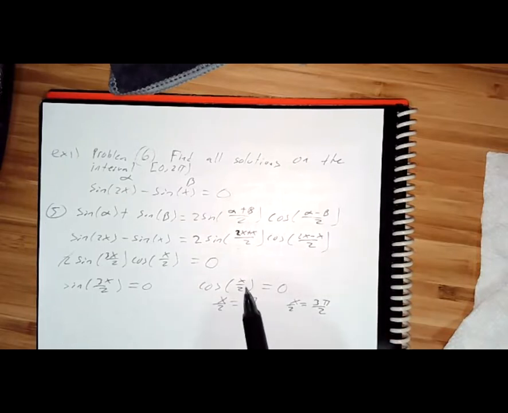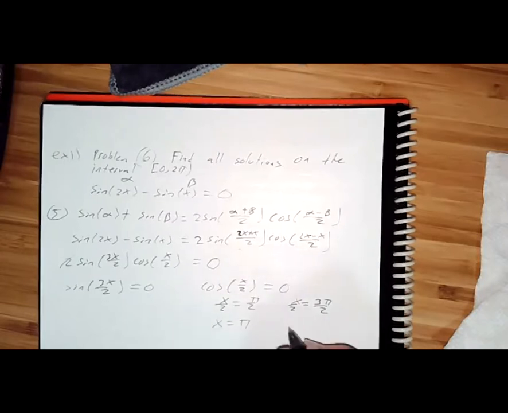Basically, because we know that if the inside is 3 pi over 2, it will become 0, right? If the inside is pi over 2, it will be 0. So set that argument equal to the thing we're talking about. So solve for x, multiply both sides by 2, you'll get x equal to pi, x equal to 3 pi.